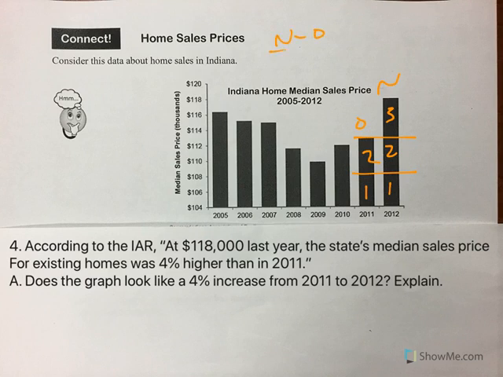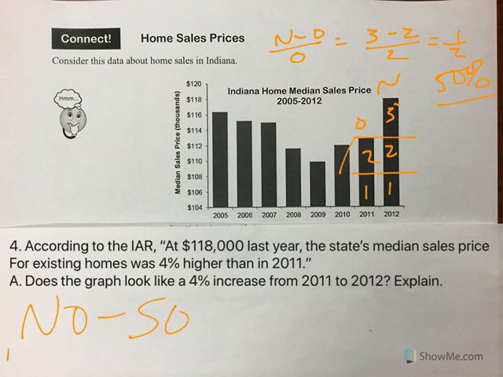So new minus old divided by old would be 3 minus 2 divided by 2. These are chunks, that's these numbers up here. That's a 50% increase. I say no, it looks like it's a 50% increase with my math based off of equal chunks in this problem. So no, I don't think it looks right, but it is what it is.